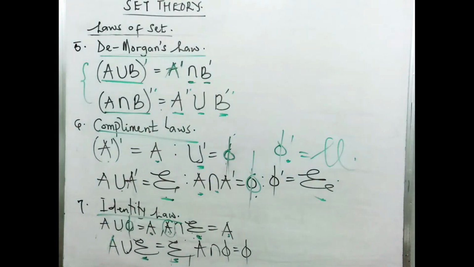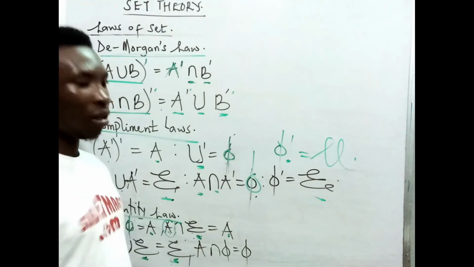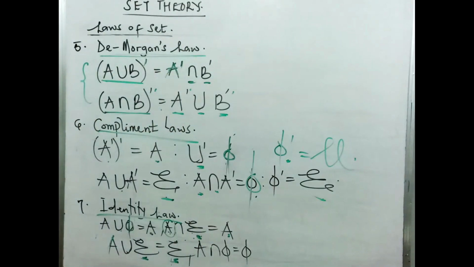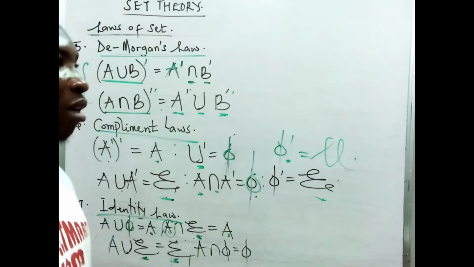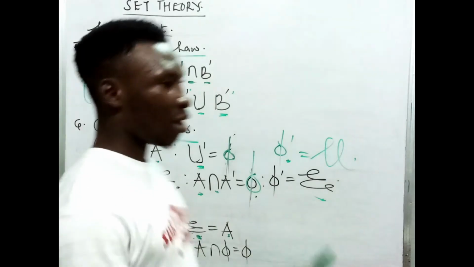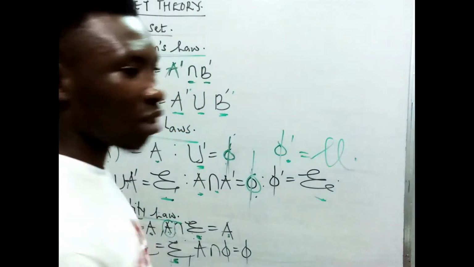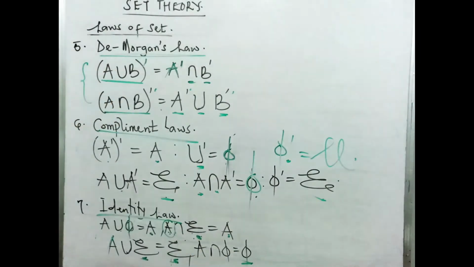And A intersection empty set is going to give you an empty set, because the coming together of A and the empty set by intersection is what they have in common. Definitely there's nothing they have in common, so that gives you an empty set.